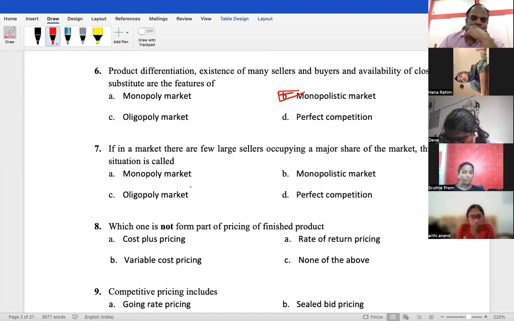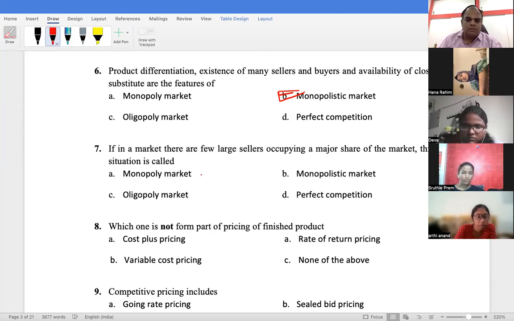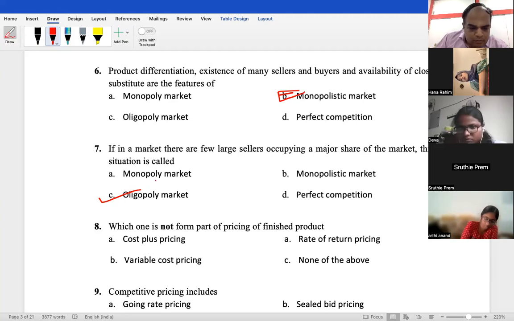If in a market there are few large sellers occupying a major share of the market, this situation is called monopoly, monopolistic market, oligopoly market, perfect competition. Oligopoly. Again, the definition of oligopoly. Yes. Which one does not form part of pricing of finished product? Cost plus pricing, rate of return pricing, variable cost pricing, none of the above. Answer is everything forms part of finished goods pricing only.